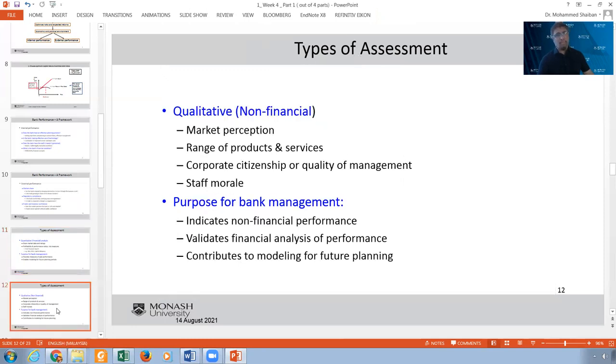Let me look at the qualitative. Now the qualitative, as you can see, means no numbers: market perception, how many products and services we have. We want to look at corporate citizenship or quality of management.